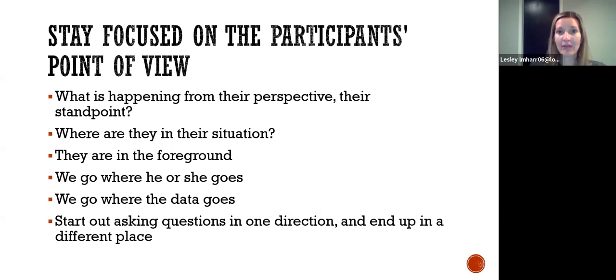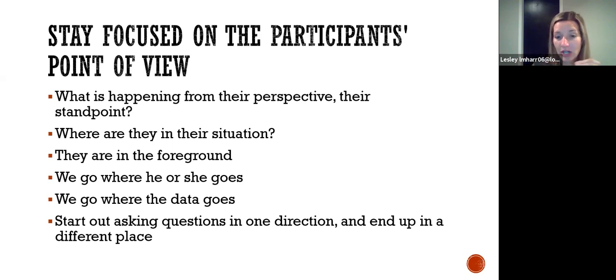We want to stay focused on the participants' points of view. So we look through their eyes. We're looking at what's happening from their perspective, from their standpoint. Where are they in their situation? They're in the foreground, we're in the background at this point. And so we go where they go. We go where the data goes.